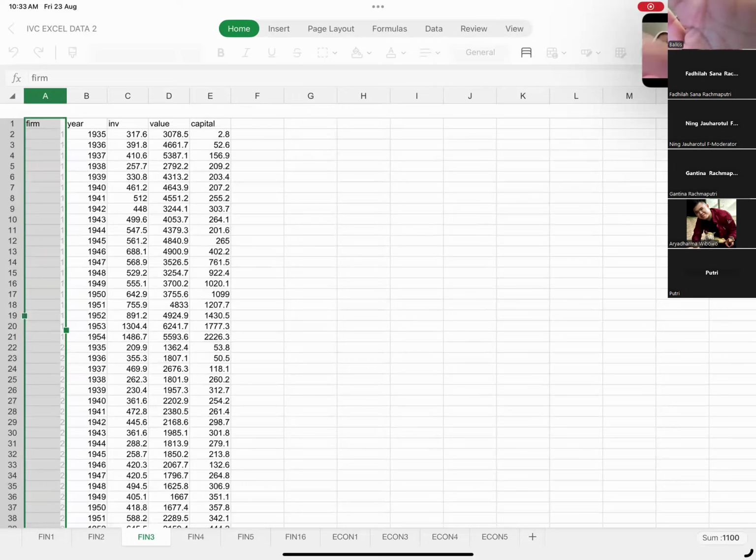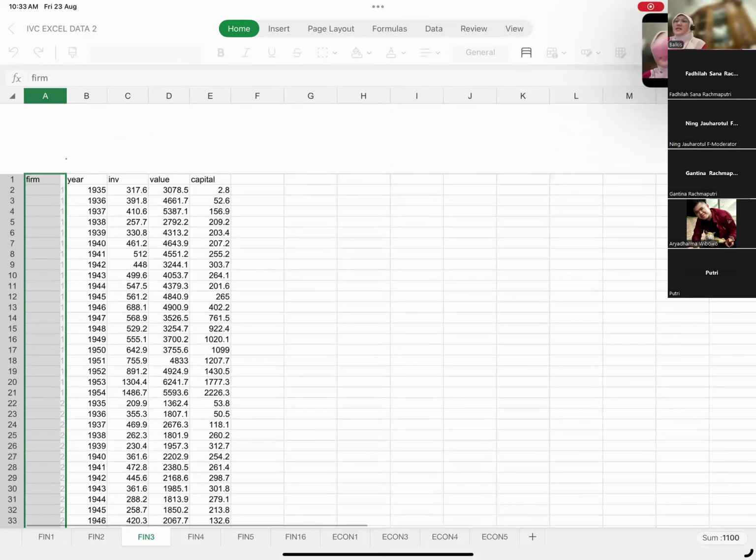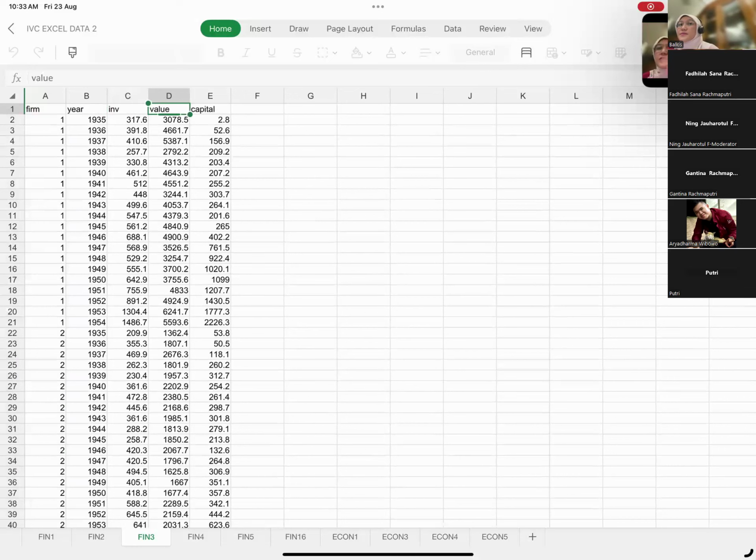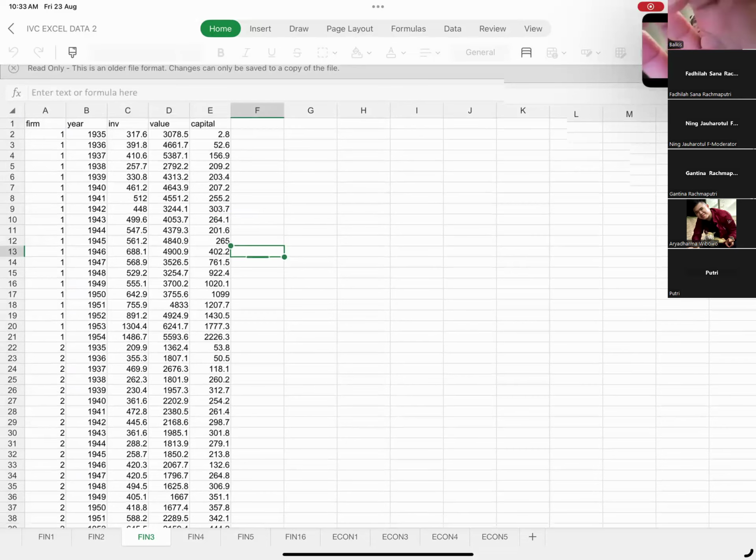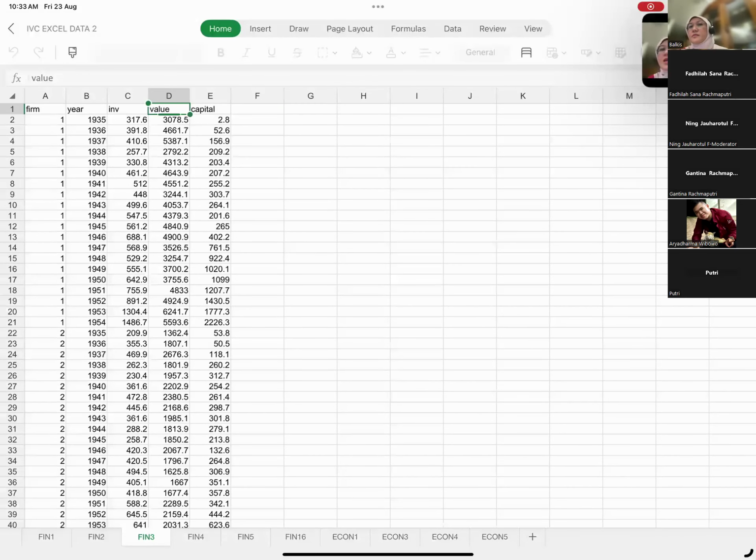Investment, let's say investment is the stock prices. And value is, let's say, the value of the firm. And E column is the capital. The capital means whether it is debt or equity. So we would like to measure whether the investment of the company depends on the value of the firm or the capital of the firm.